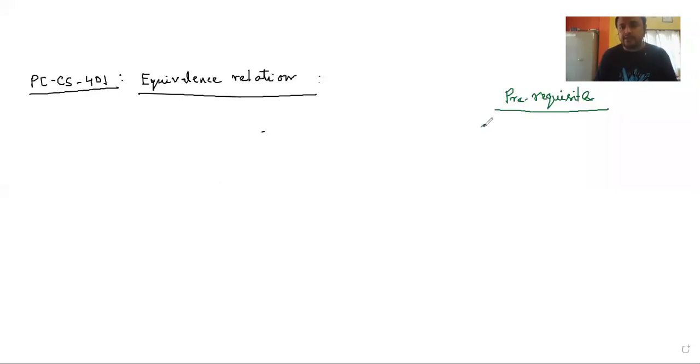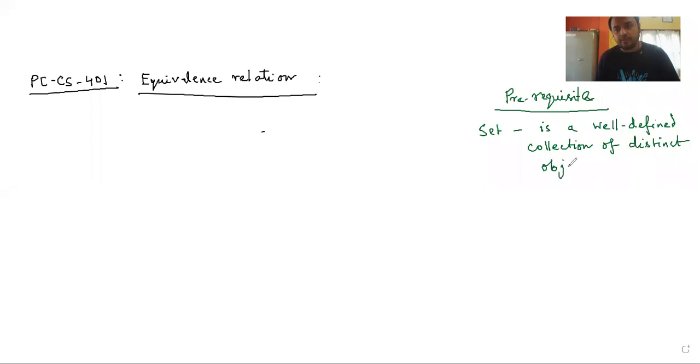First of all, as you know, a set is a well-defined collection of distinct objects. If there are several sets, we can combine them in several ways.